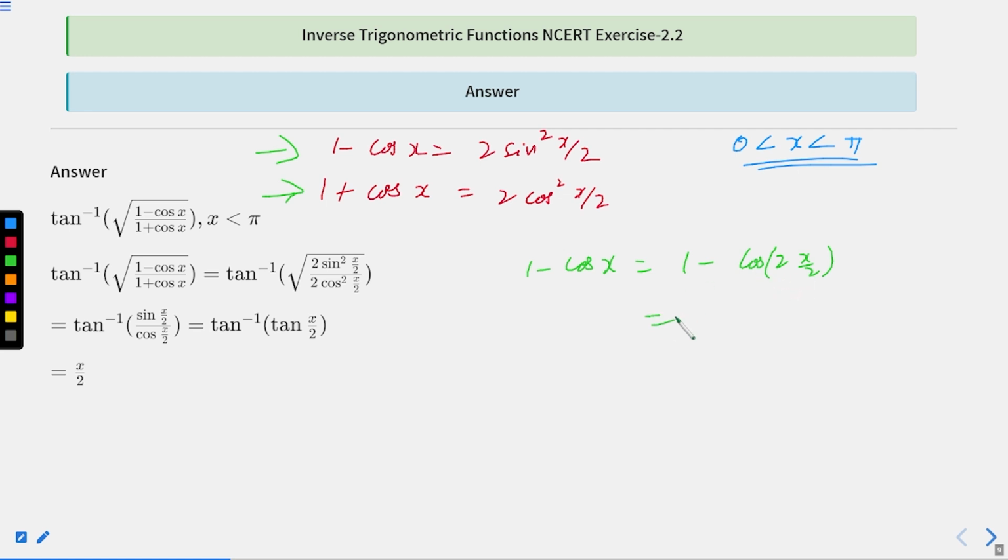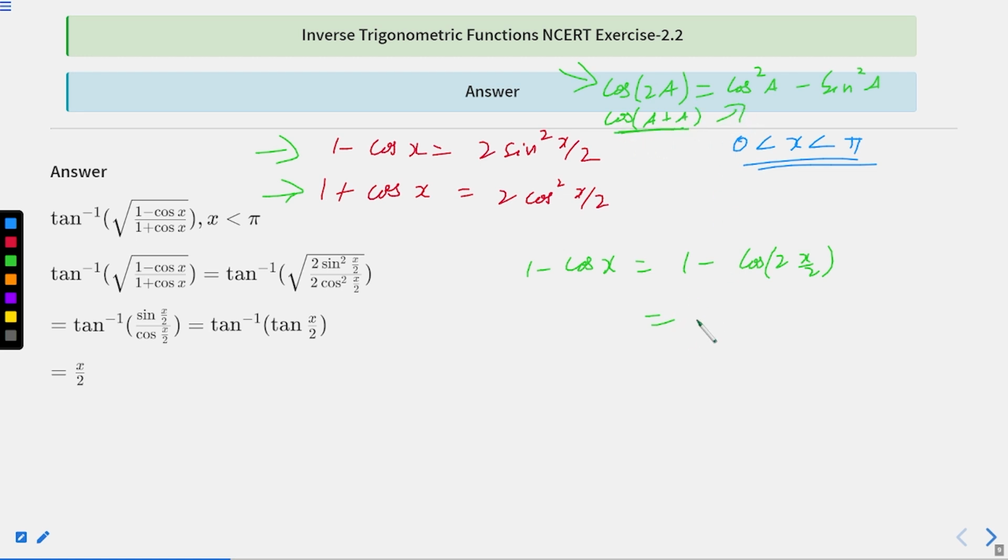And we know that cos 2a is equal to cos square a minus sin square a. This is just a direct formula, by cos a plus a. If you open this using the formula, you will get this.